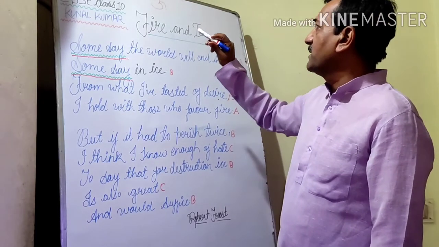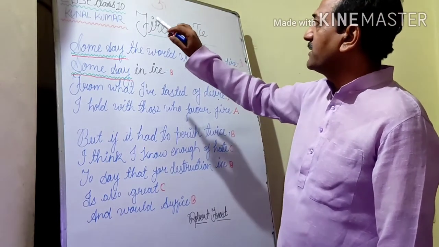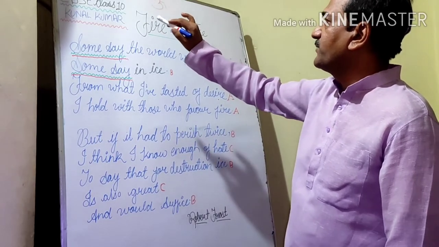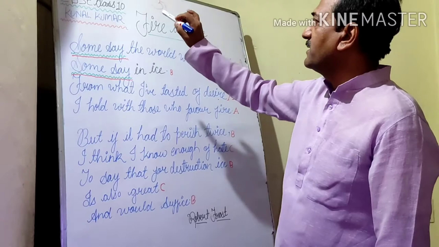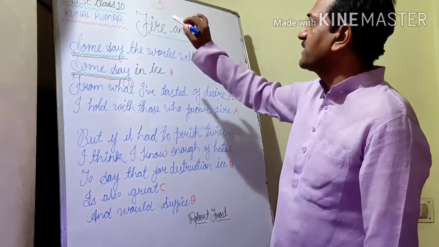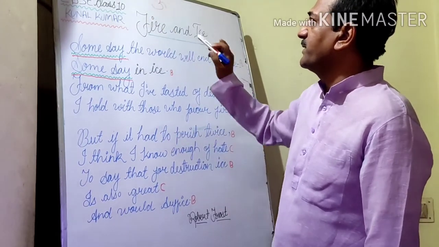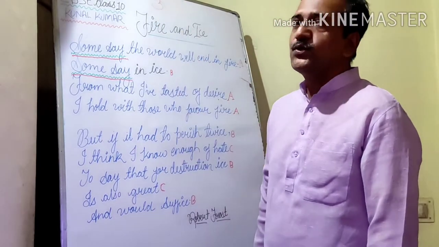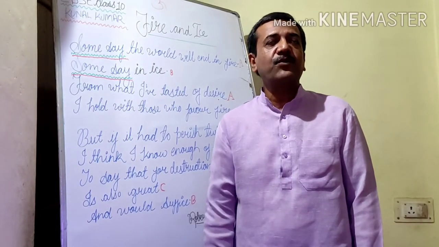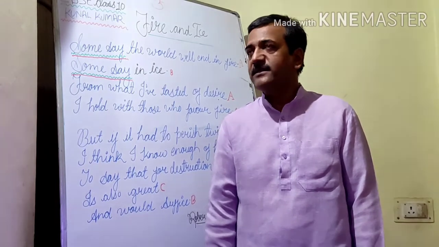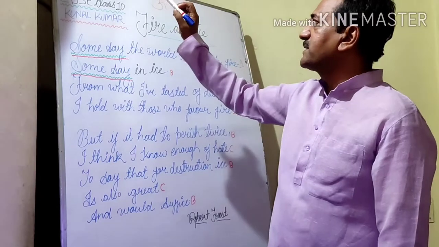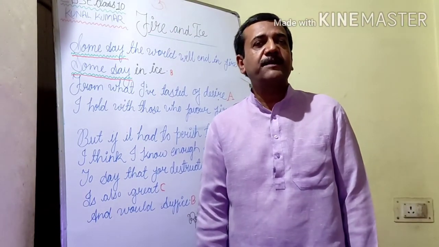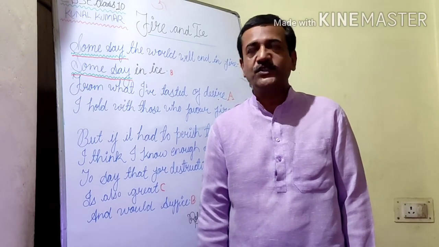In the first stanza, you can see that there are some words which are underlined. For example, the first line begins with "some say", and even the second line begins with "some say". Such expressions, when 2 lines or even more lines start with the same word, we call it anaphora, as a poetic device or figure of speech.